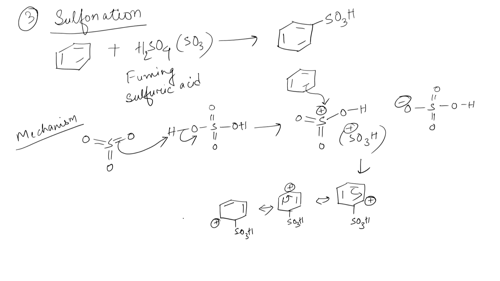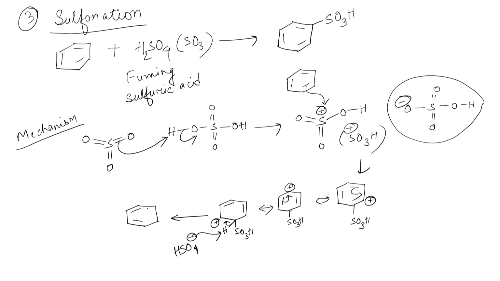Now, we have HSO4 minus as the nucleophile in this system, and we have hydrogen here. HSO4 minus acts as a base and takes up this hydrogen, and the double bond is back again. So, this was the sulfonation of benzene.